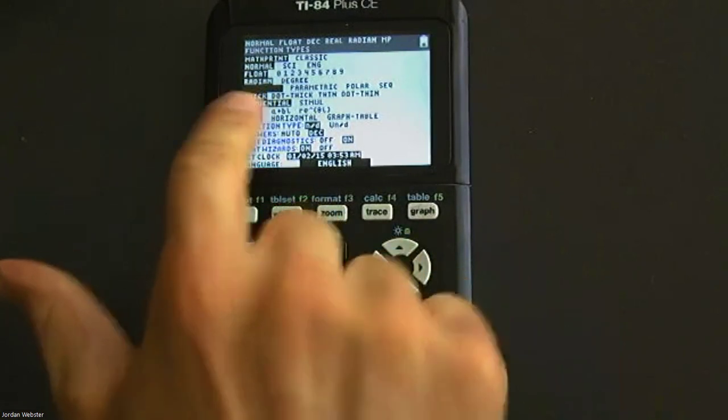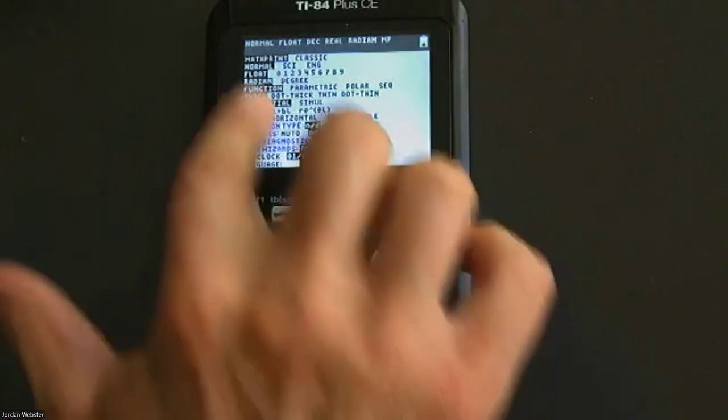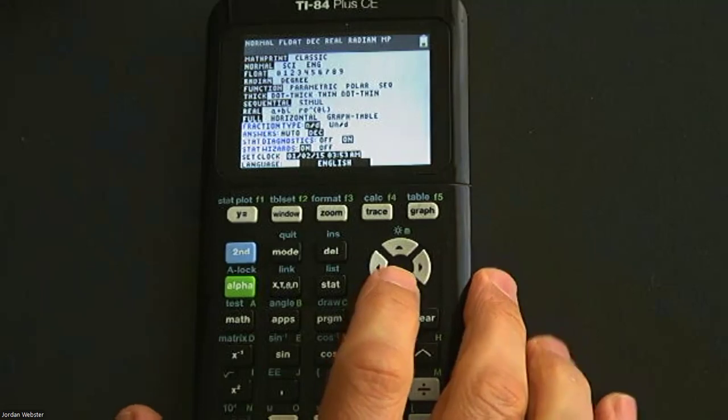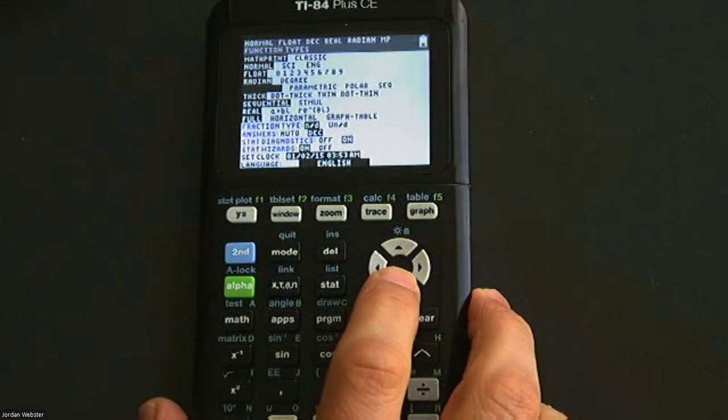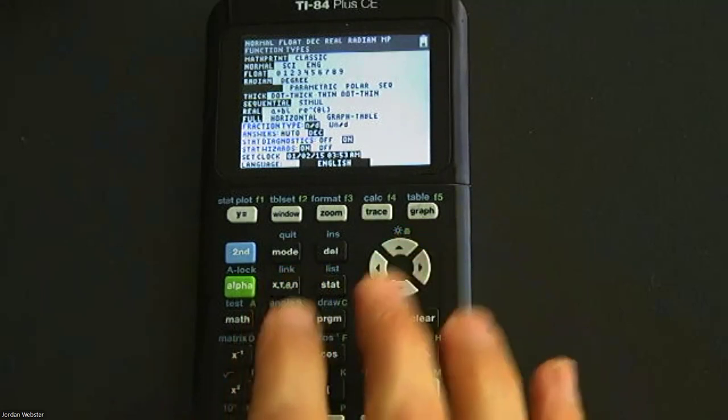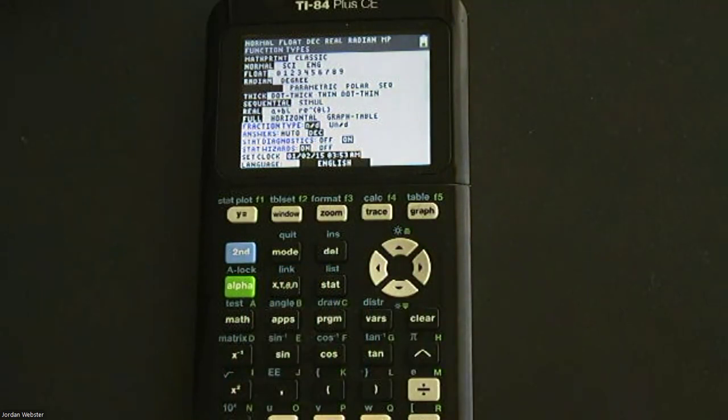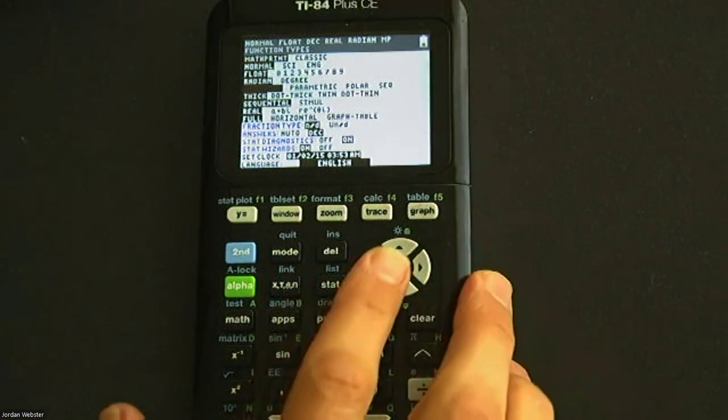And I also like function mode here, and I also like math print. So I like to use math print and then make sure our function, that way when I hit the X button, it'll actually give me the variable X and not some other letter.